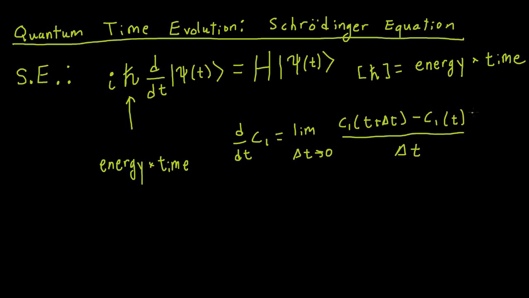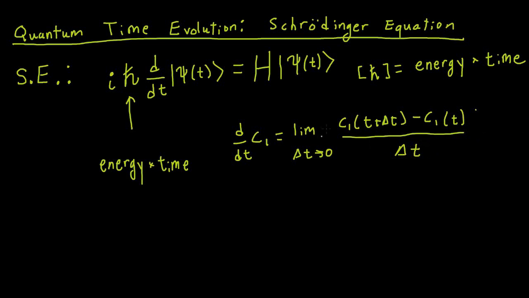So the numerator of this fraction, c1 of t plus delta t minus c1 of t, is just a unitless number because c1 of t plus delta t is unitless and c1 of t is unitless. So this top part is unitless. Now the bottom part, delta t, has units of time. It's an infinitesimal time, but has units of time nonetheless.